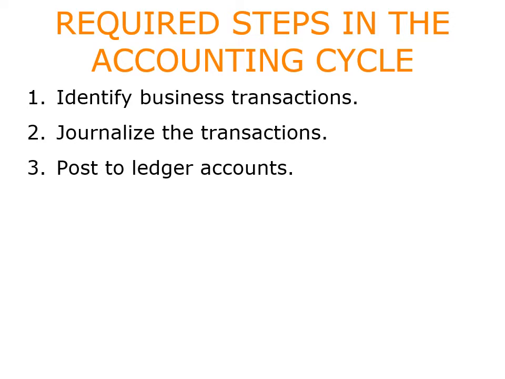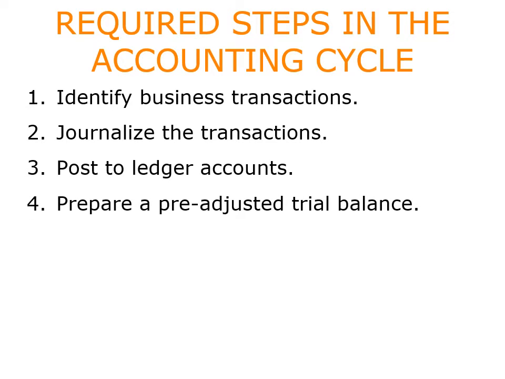Then from the journal data we post to ledger accounts, or T-accounts. After completing the ledgers, we find the balances, and the balances are transferred to the trial balance, and usually we make a pre-adjusted trial balance first.